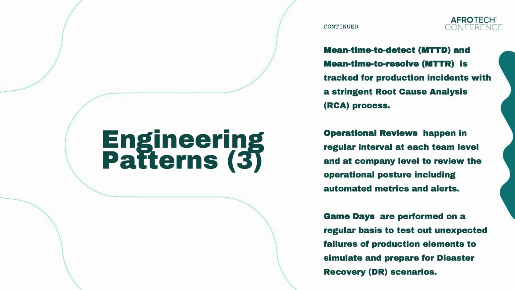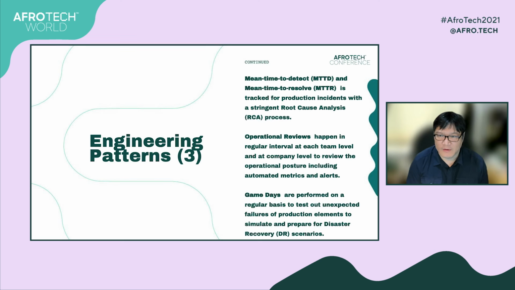And with all this, the other very important aspect of SaaS is, of course, operational posture. So we keep a close eye on mean time to detect and to resolve when it comes to production incidents. And we really emphasize detection being automated.